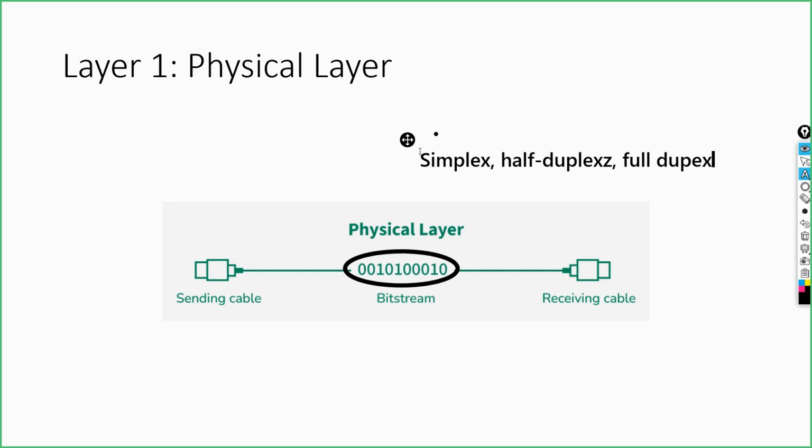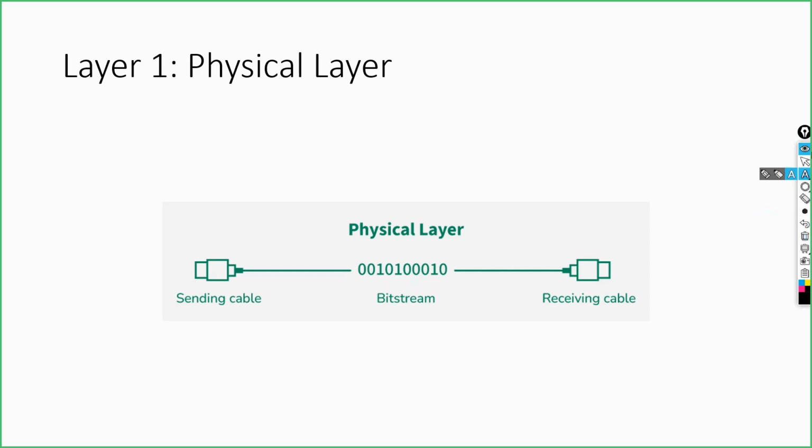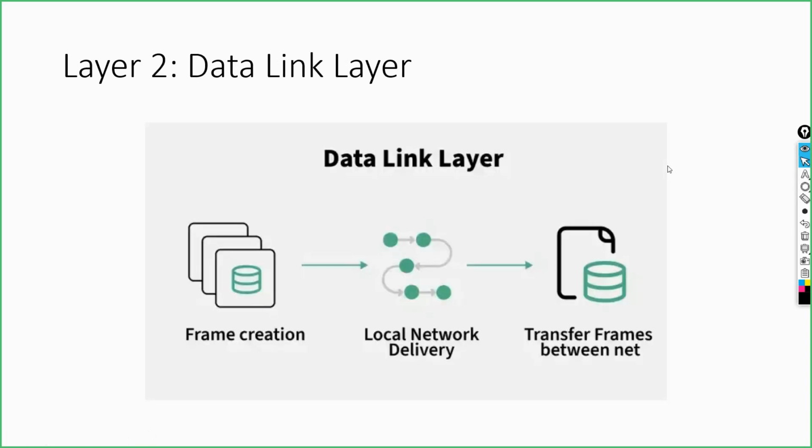Now the second layer that comes in the OSI model is the data link layer.